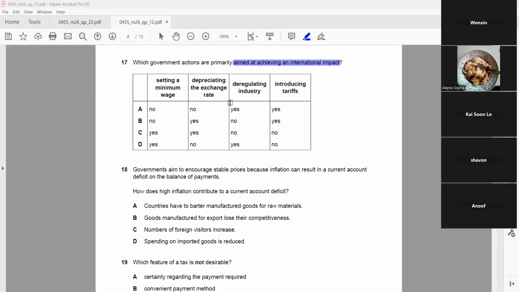It should be something to do with international trade. For example, exchange rate could influence international trade. Tariff, which is import tax, will affect international trade. Setting a minimum wage is only affecting the local economy. Deregulating industry is also local only. So the answer is B.